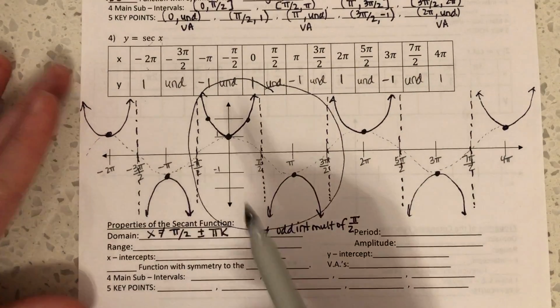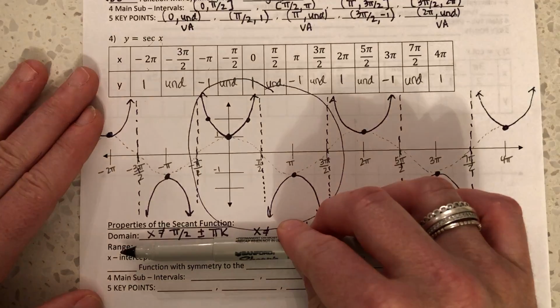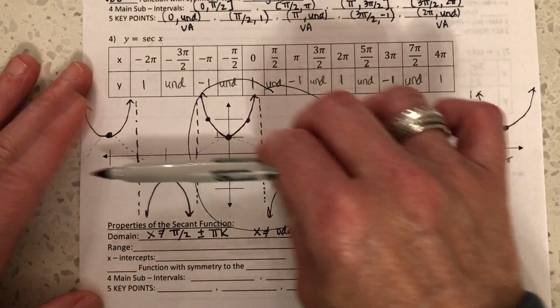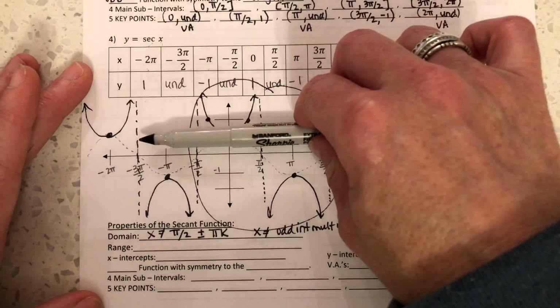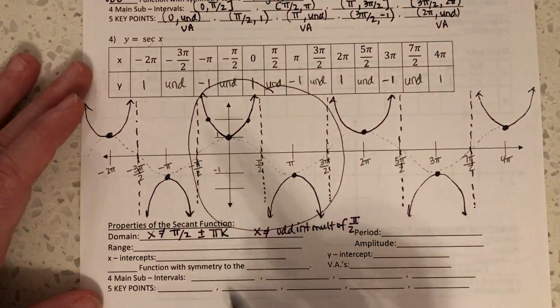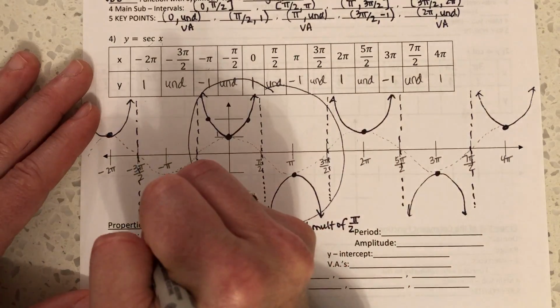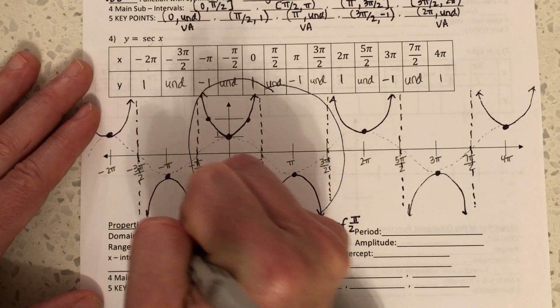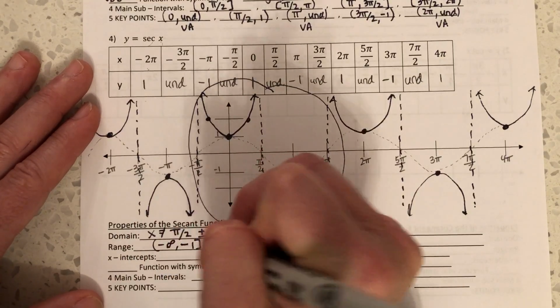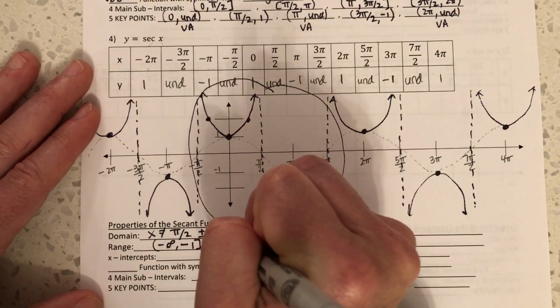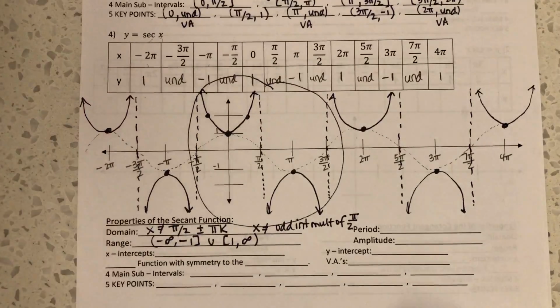Okay? All right, his range, same thing. It's going from -infinity to -1, huge gap, picks back up at 1 to infinity. So all of these y values do not come out of his function. So -infinity to -1, including -1, union 1 to infinity. Okay?